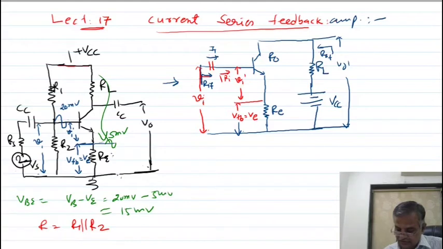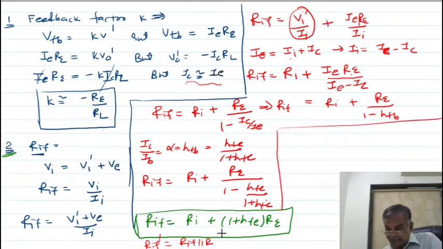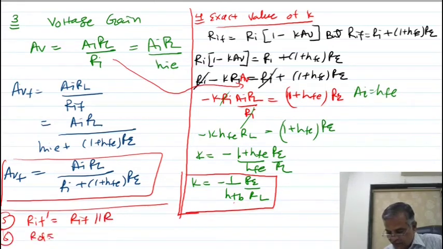Suppose someone says I want to find the overall effective input resistance, then I can write that it is given by this equation. So I want to write also the output resistance. Output resistance with feedback is given by 1 upon HOB, and overall you can write Rof parallel RL.